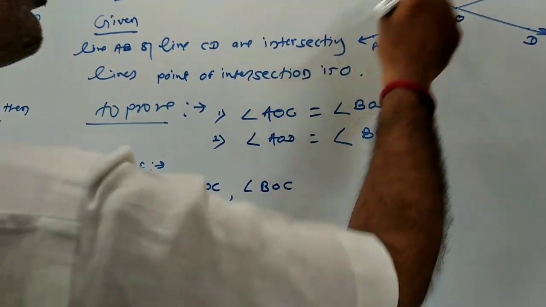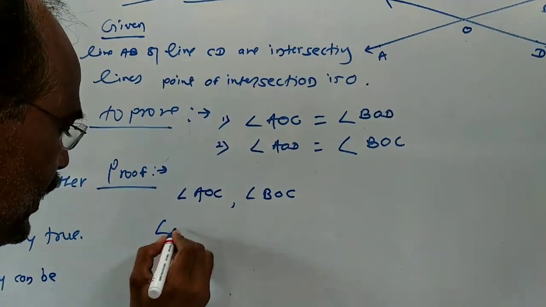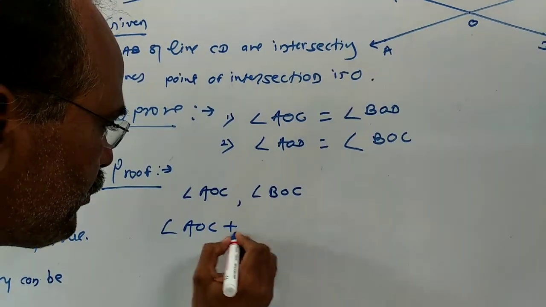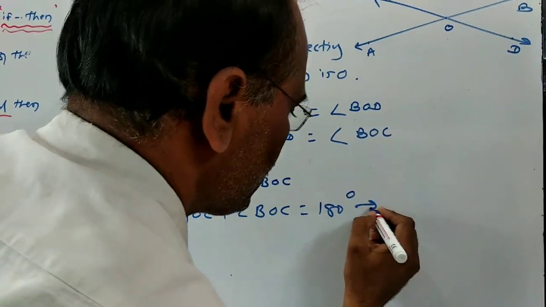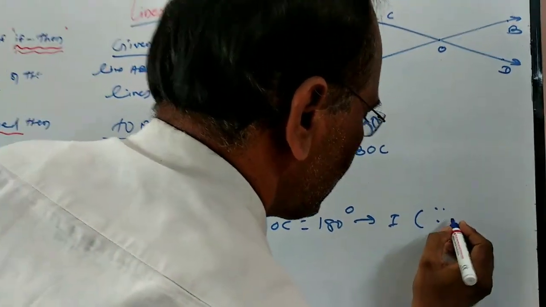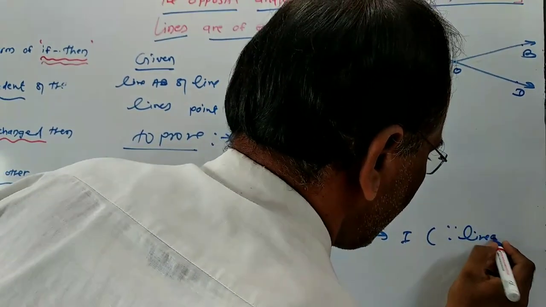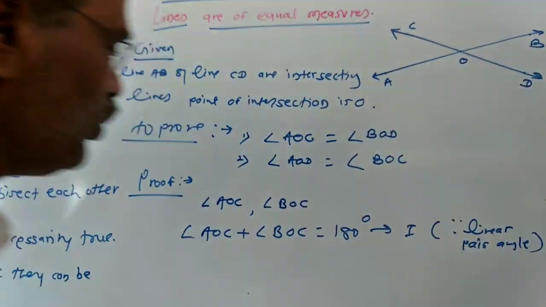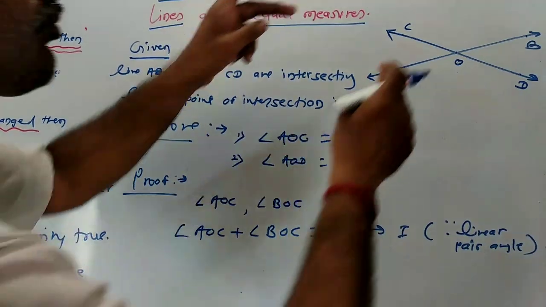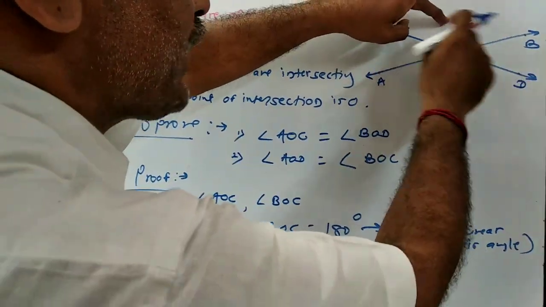These are a linear pair. Therefore, angle AOC plus angle BOC equals 180 degrees. What is the reason? Linear pair of angles.